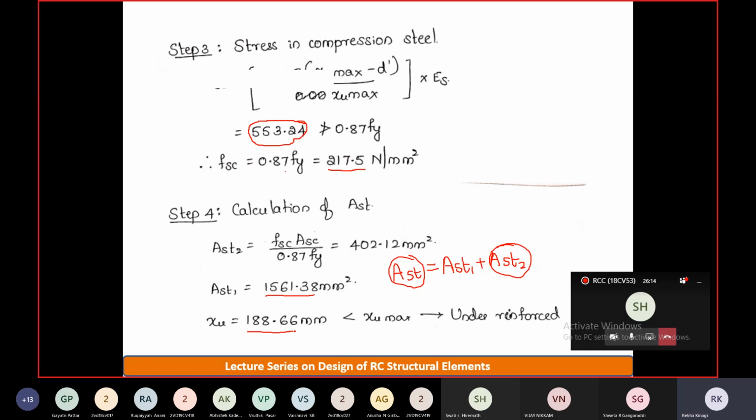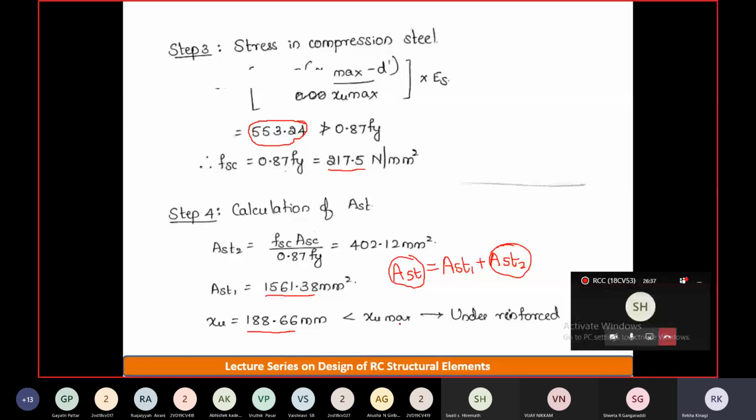Now in order to calculate MU1, I should know whether the section is balanced or under reinforced. To check that, let me compare the calculated value of XU with XU max. XU is less than XU max. If XU is less than XU max or XU limit, we can say that the section is under reinforced.